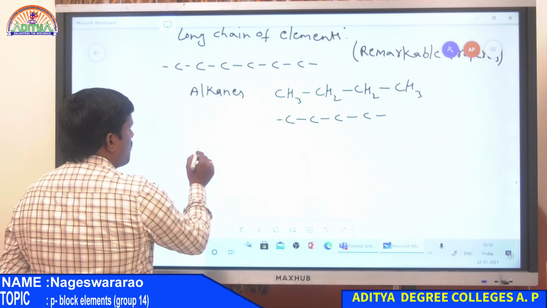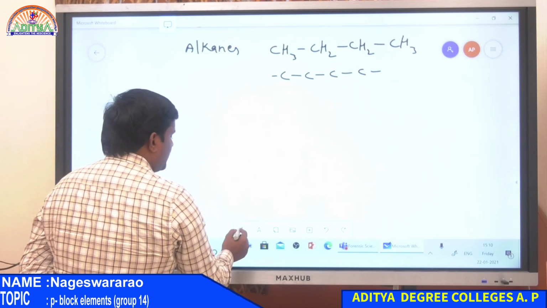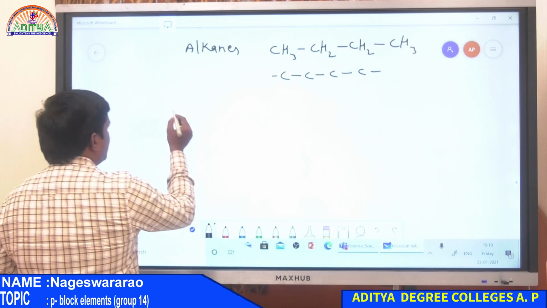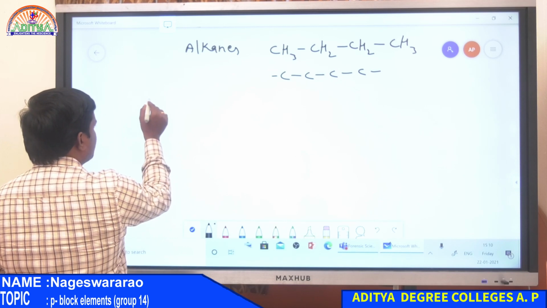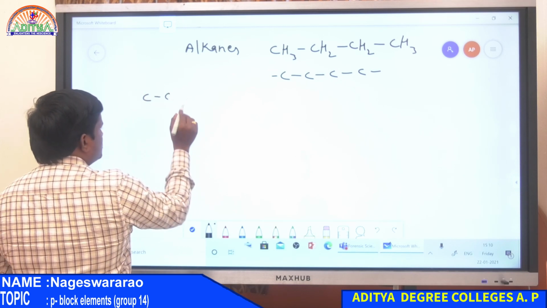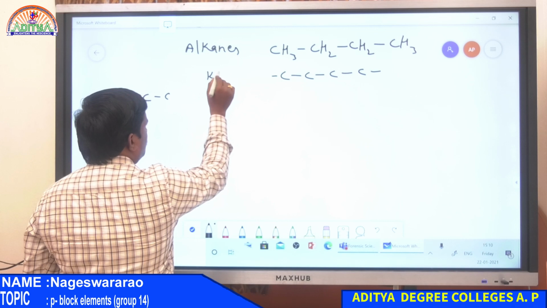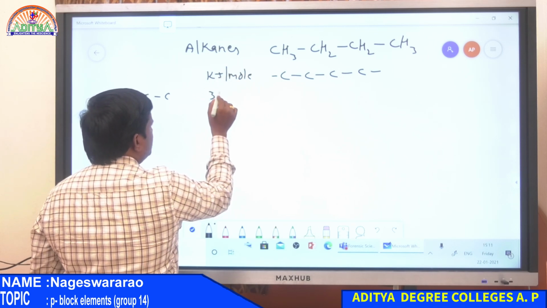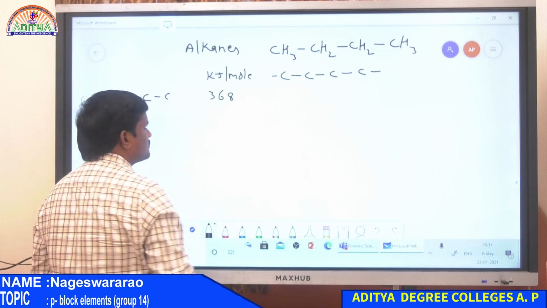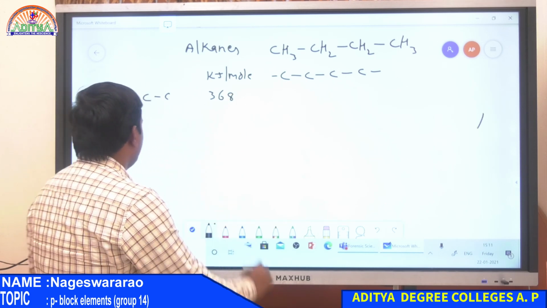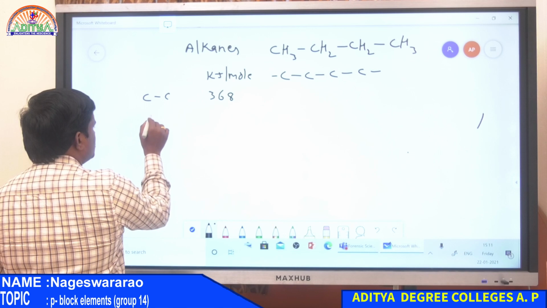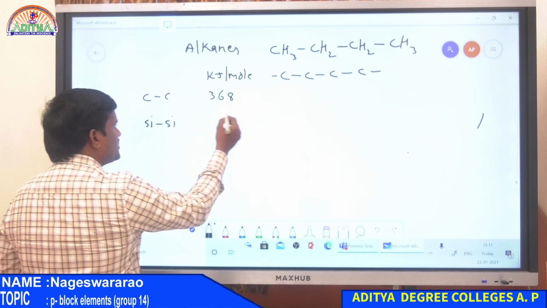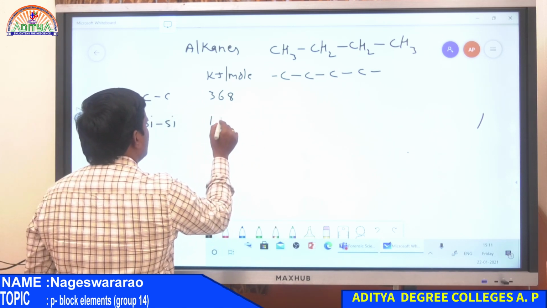Also, the bond strength between atoms in the carbon family is given as follows. For carbon, the C-C bond strength is nearly equal to 368 kilojoules per mole. For the next element, silicon, the bond strength is nearly 180.